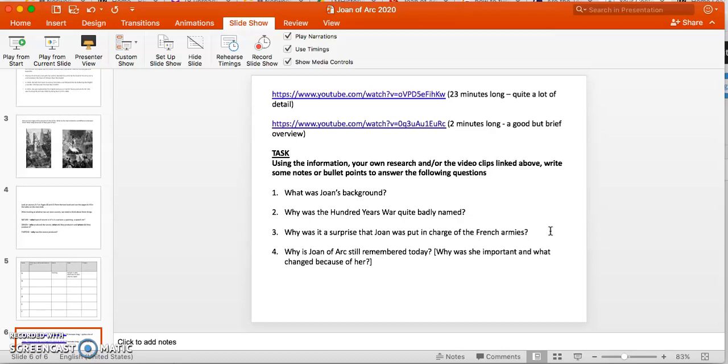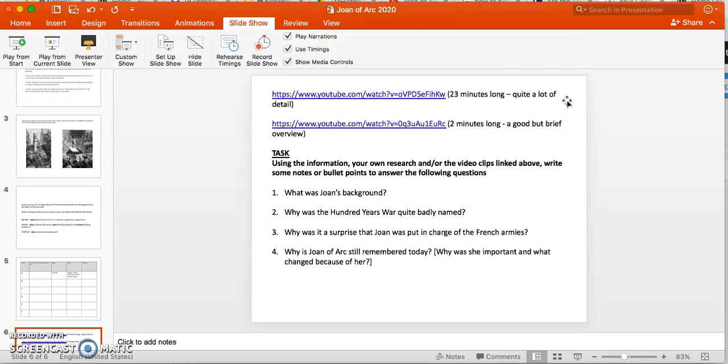So this is what I'm going to want you to do in today's lesson, probably also this is going to last over into part of our next lesson. So if you don't get it finished today, absolutely do not worry, especially when you think this first clip is 23 minutes long. So you're definitely not going to be able to fit that in, plus filling in the table. So this will roll over into our next lesson.